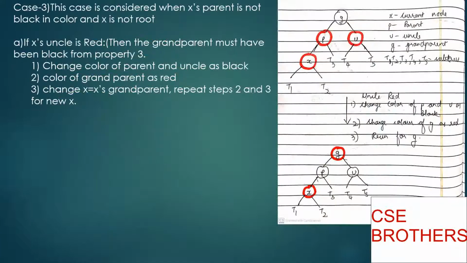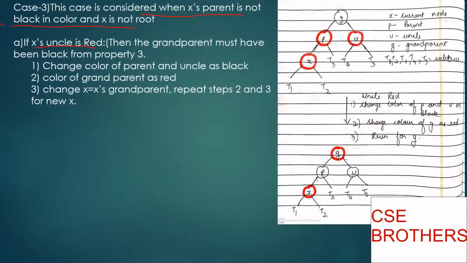Earlier we considered that the parent of X was black in color, so it formed a red-black pair, but now we consider that X's parent is not black and thus it is red, and so it will violate the condition that two reds cannot be together in a red-black tree. So now the first condition is that if X's uncle is red. So what is the uncle?